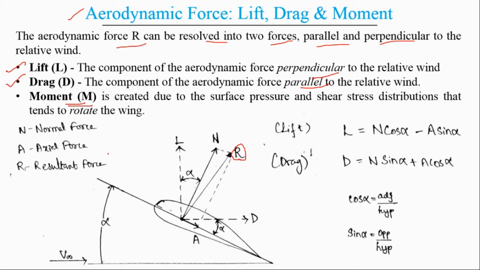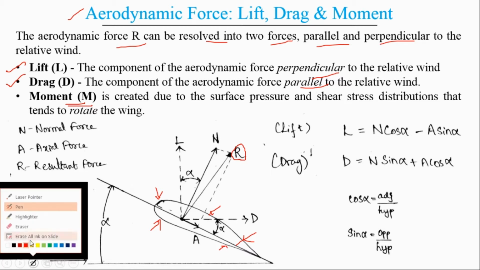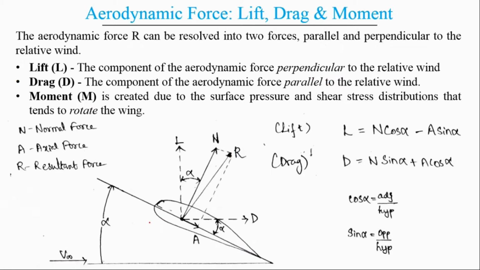As a resultant of this, we have a moment associated with it. Moment is nothing but a rotation. Moment is created due to the surface pressure and shear stress distribution that tends to rotate the wing. Pressure acts all over the body, so there are force vectors all over the body. This causes some kind of moment. There may be higher and lower cases all over the body, so based on it there will be some rotation.